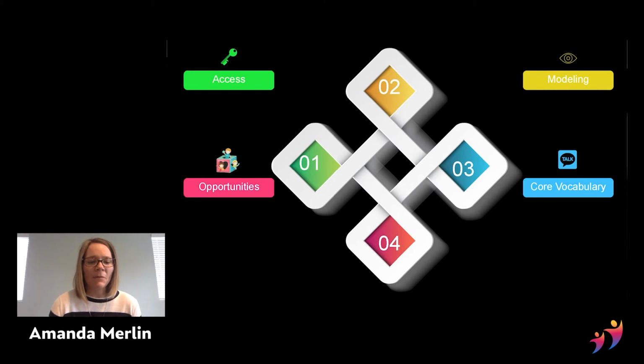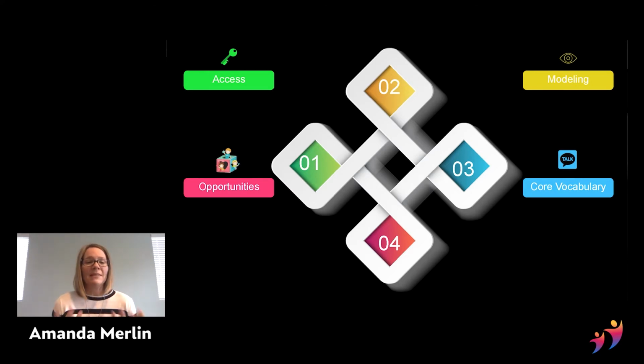So best practice number 1 is access. When you learn a language, you have to have access to that language. We don't expect babies to learn to talk without giving them access to hearing and interacting with the language that we expect them to speak in. We don't expect our deaf and hard of hearing people to start using sign language without signing to them and showing them that language, immersing them in that language.